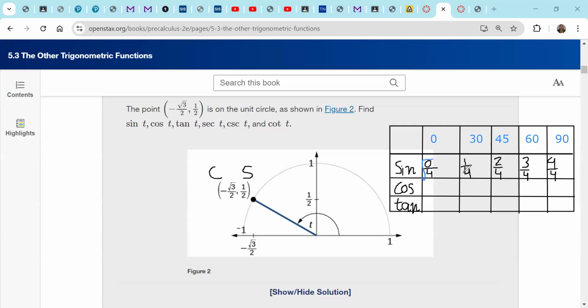Square root here, square root here, square root here, square root here, square root here. Now, if you think about calculating them, 0/4 is a 0. 1/4 square root is 1/2.